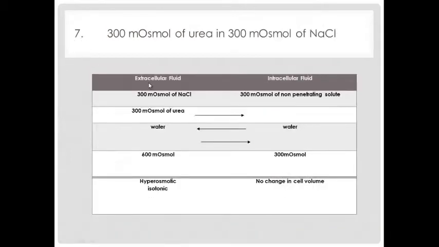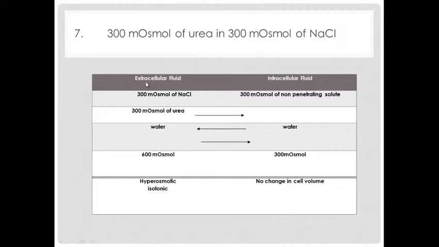In test tube 7, in the extracellular fluid we have 300 mL more of NaCl and 300 mL more of urea, and in the intracellular fluid we have 300 mL more of the non-penetrating solute. We know that NaCl is a non-penetrating solute and urea is a penetrating solute. The total osmolality in the extracellular fluid is 600 mL more, which is higher than the intracellular fluid, which has 300 mL more, and this is called hyperosmotic.